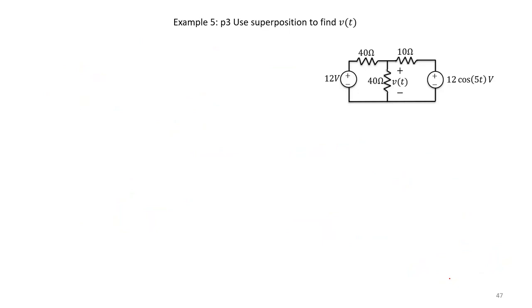Let's now repeat the process with the other voltage source alone. So now we want to find V2 of t for the 12 cosine 5t source alone. So now our circuit looks like this, right?